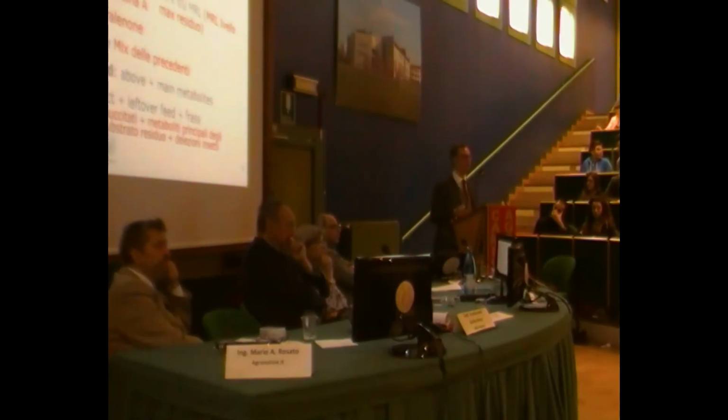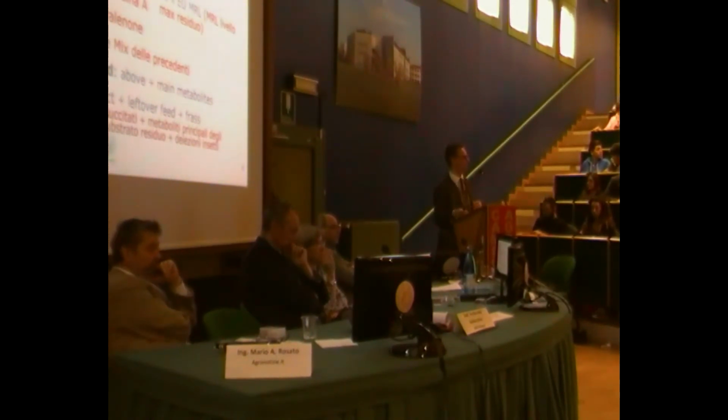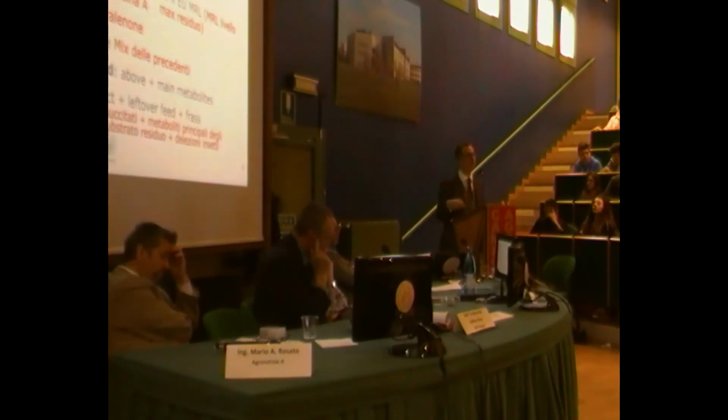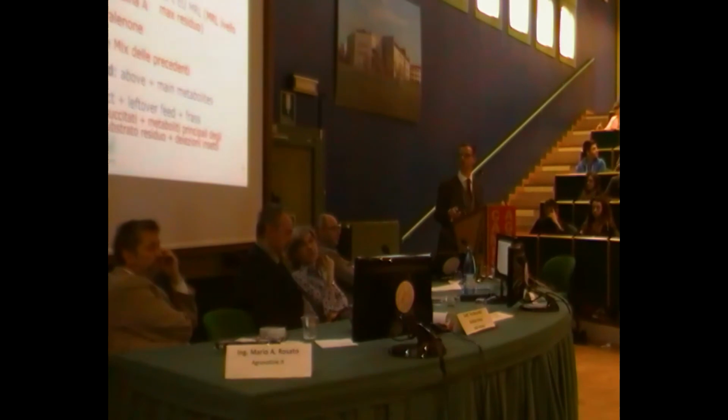So these were the mycotoxins that we used, plus the main metabolites. You have, for instance, aflatoxin B1. That's the main molecular structure, but you also have different molecular structures that are more or less toxic. We also analyzed a couple of those, the main metabolites we tested.